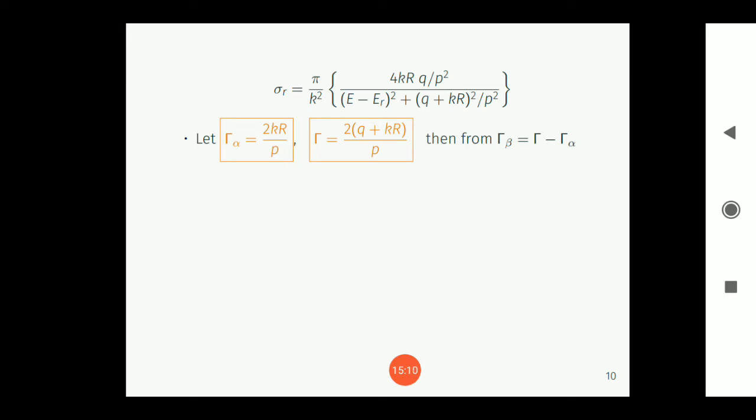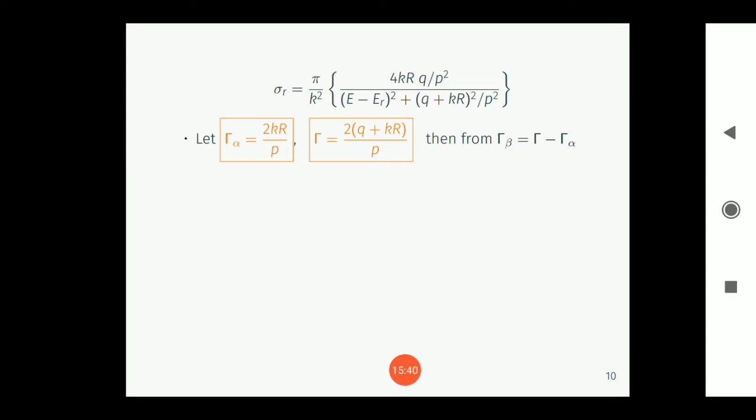To substitute that in terms of known quantities like partial widths, let gamma alpha be equal to 2 kR by P, and the total width gamma be equal to 2 times (Q plus kR) by P. Note that these are assumptions. The product 2kR is a dimensionless quantity and 1 by P has the dimension of energy. Therefore, gamma alpha has the dimension of energy.